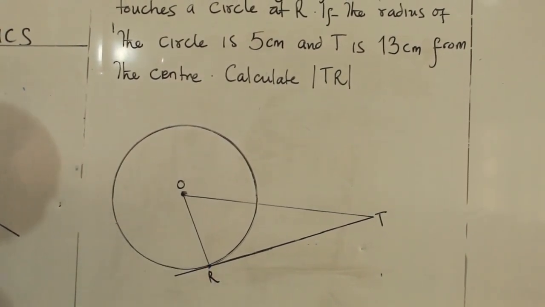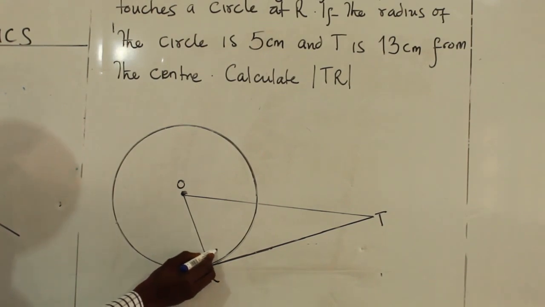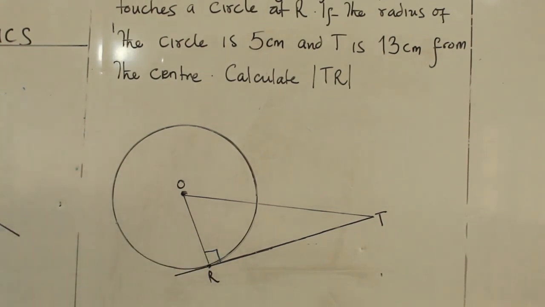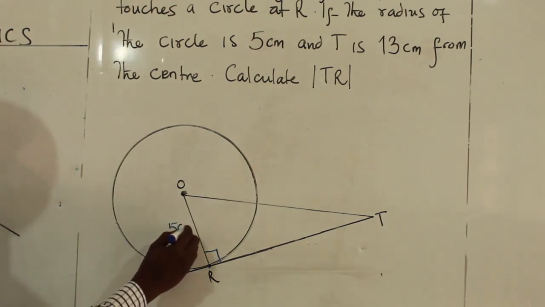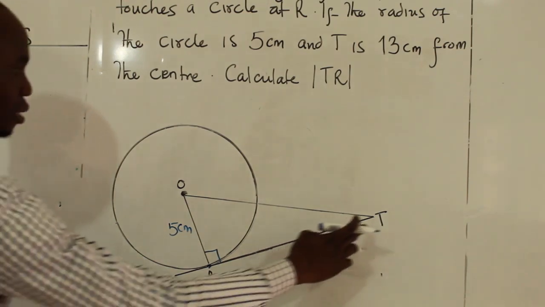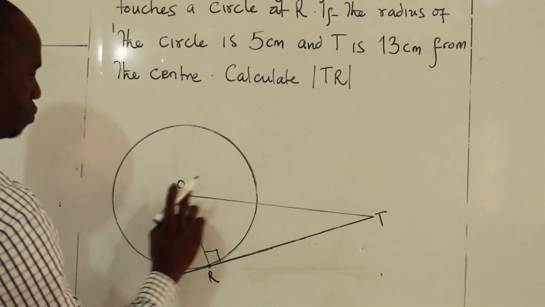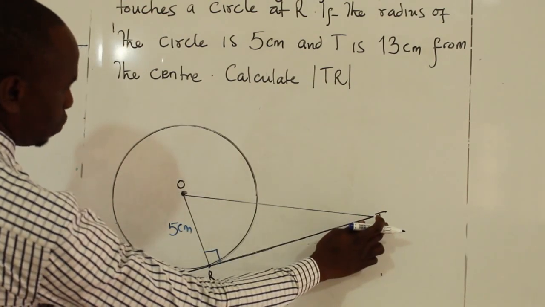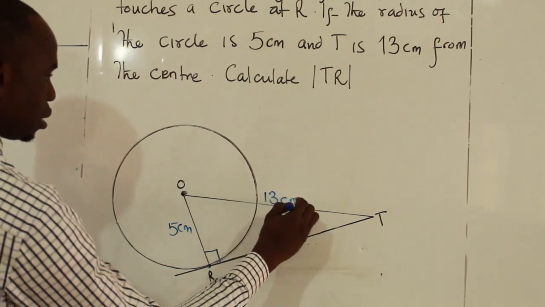And we had said that if a straight line is drawn from this point to this point, the angle formed here is 90 degrees. If the radius of this circle is 5 centimeters, it means that OR, which represents the radius, is 5 centimeters. And T, they said, is 13 centimeters from the center. Therefore, this T down to this place is given as 13 centimeters.